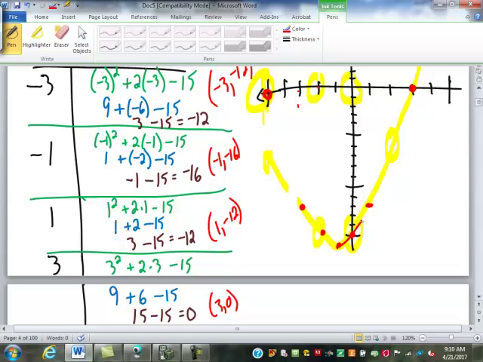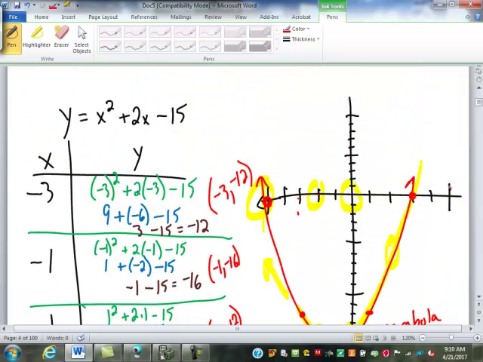So what we're getting here is kind of a U-shape, it's called a parabola. We talked a little bit about degree of algebraic expressions back in week 2 or 3.